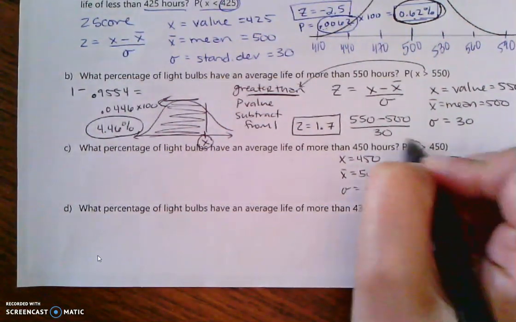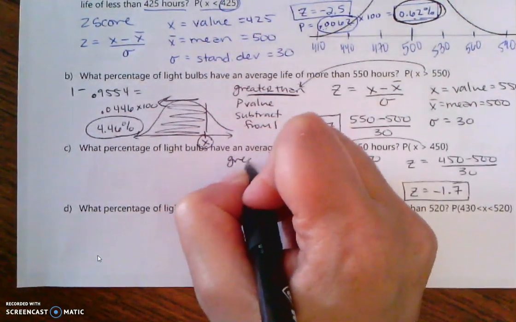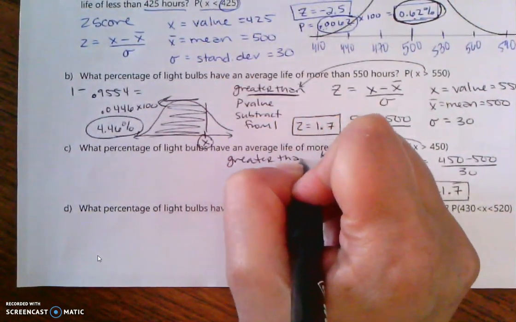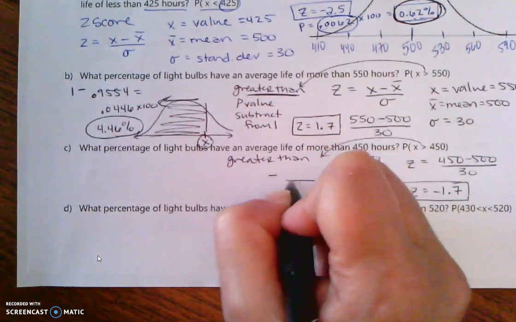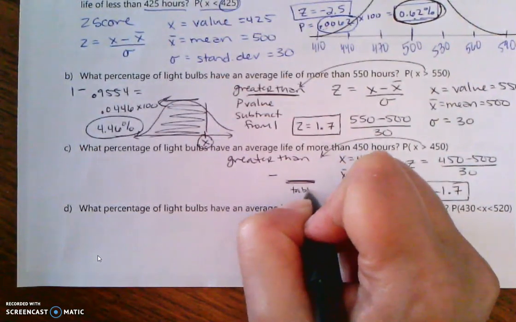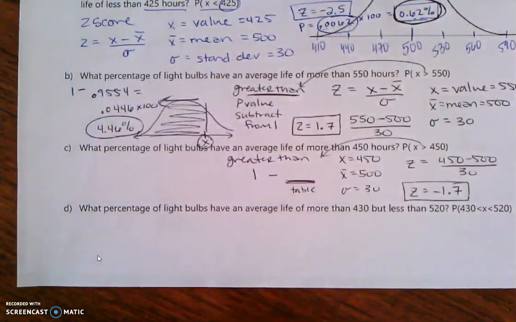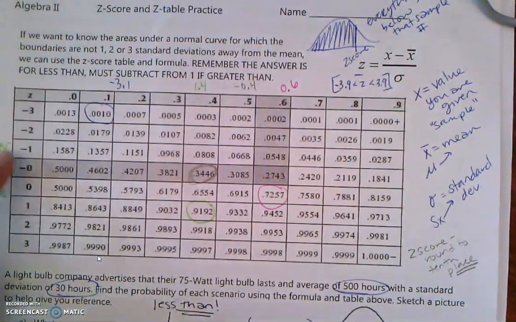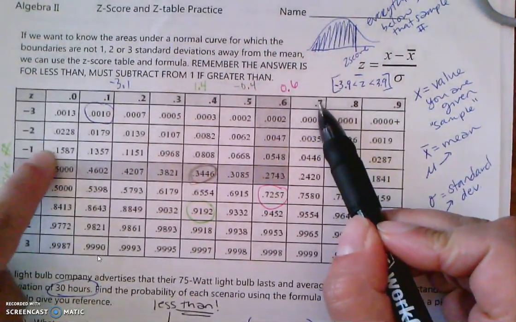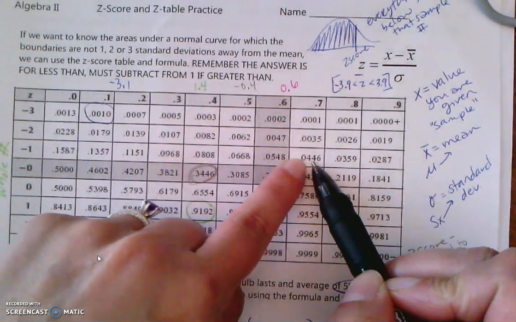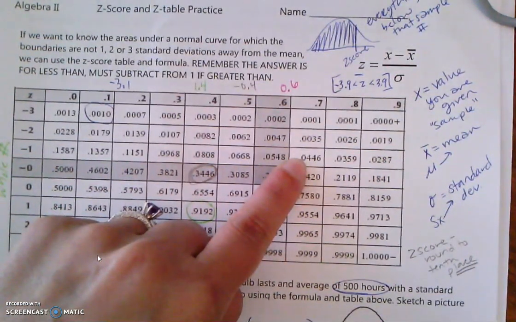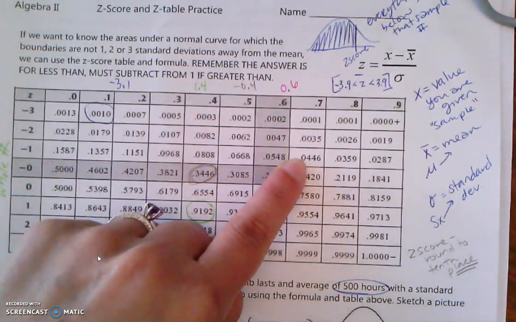Now, this problem is greater than. Because it's greater than, I have to take my p-value from my table, and I have to do 1 minus that. So, going up to the table. My z-score was negative 1.7, so negative 1.7 is 0.0446. Now I'm going to subtract that number from 1.